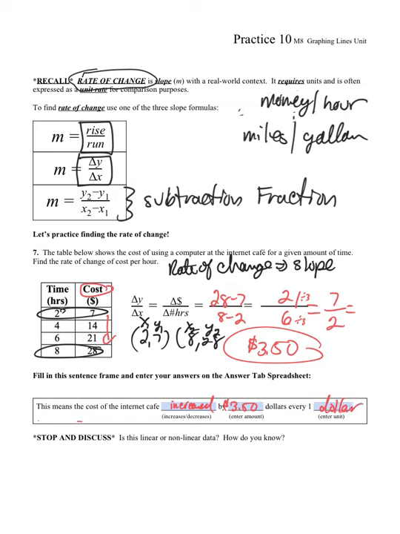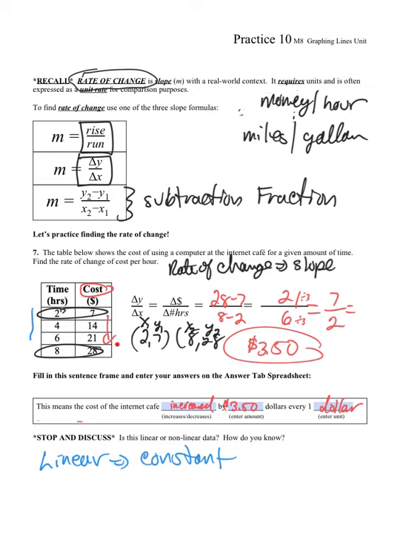Now, let's look at this and think about whether this graph of the internet cafe and the points on it would graph out to be linear or non-linear. Well, as you can see, if it's linear, it needs to be constant. And we talked about before, if you go down the y's here, they increase by 2.